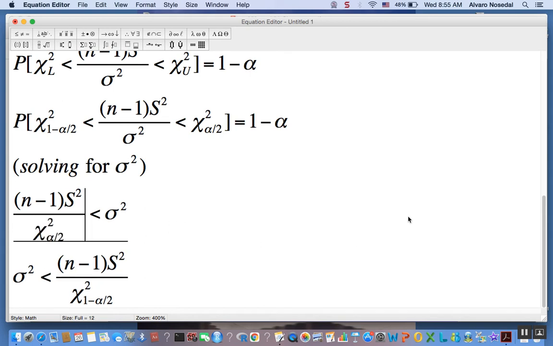Now, if we paste these two inequalities, what we have is that sigma squared is greater than n minus 1 times s squared divided by chi-square sub alpha divided by 2, and sigma squared is going to be less than n minus 1 times s squared divided by chi-square sub 1 minus alpha divided by 2. Make sense? So I'm going to combine these two inequalities.